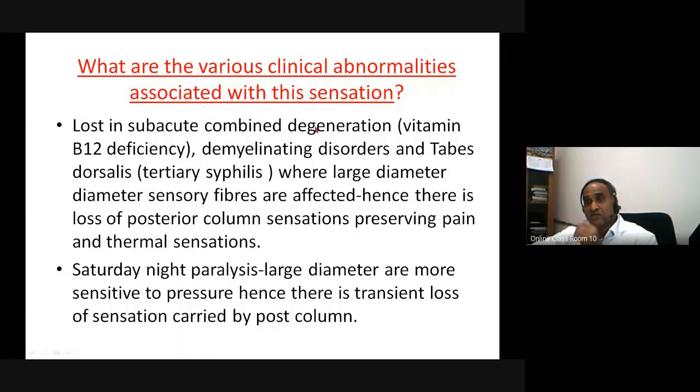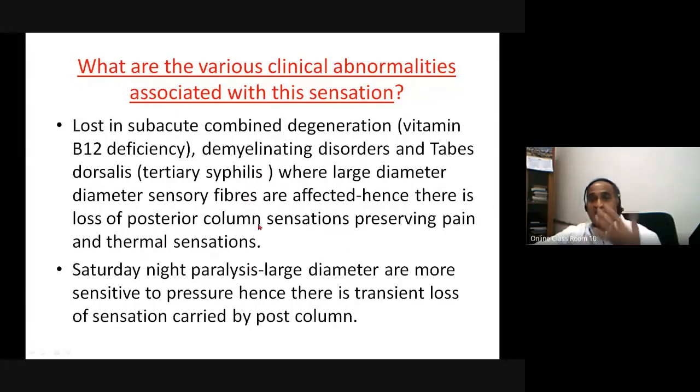Or multiple sclerosis, demyelinating disorders, will affect. Or tertiary syphilis, tabes dorsalis, they affect these sensations. So these are the three diseases I have mentioned where large diameter sensory fibers are affected: vitamin B12 deficiency, because myelination is hampered, demyelinating disorders such as multiple sclerosis, and tabes dorsalis, a tertiary syphilis.